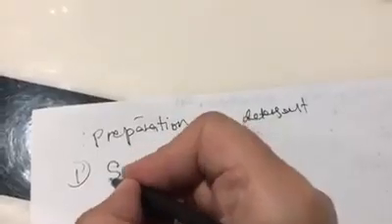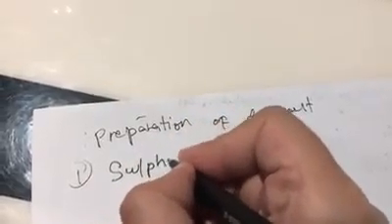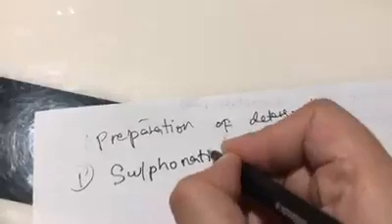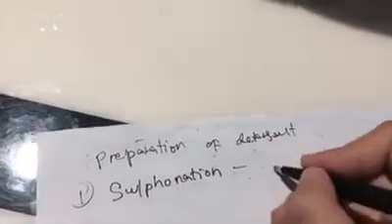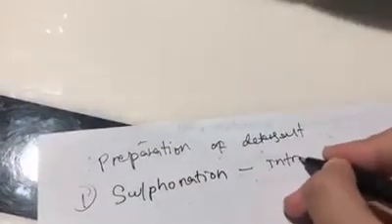Okay, so now let's look into how a detergent is prepared in general. First, it will go through what is called sulfonation.